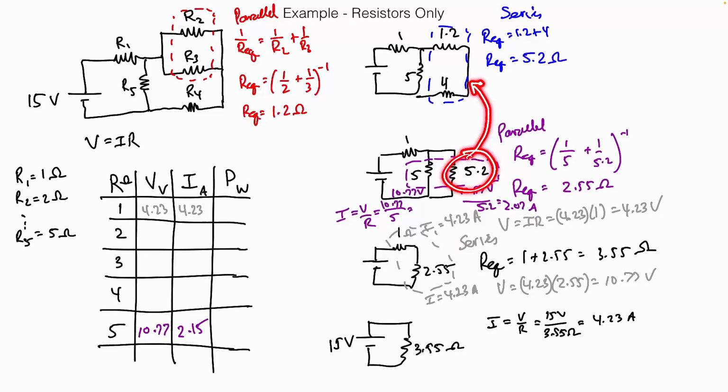Came from the series combination of the 1.2 and the 4. We know the current, so that current has to be 2.07 amps and 2.07 amps because the current is the same in series. What's happening here?